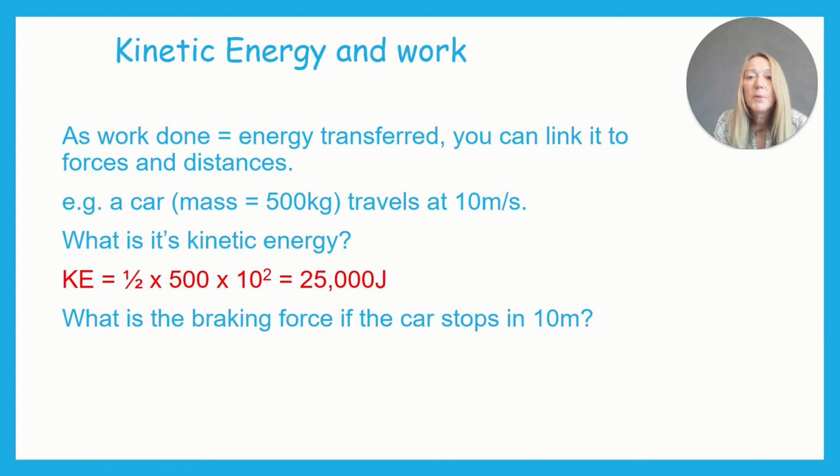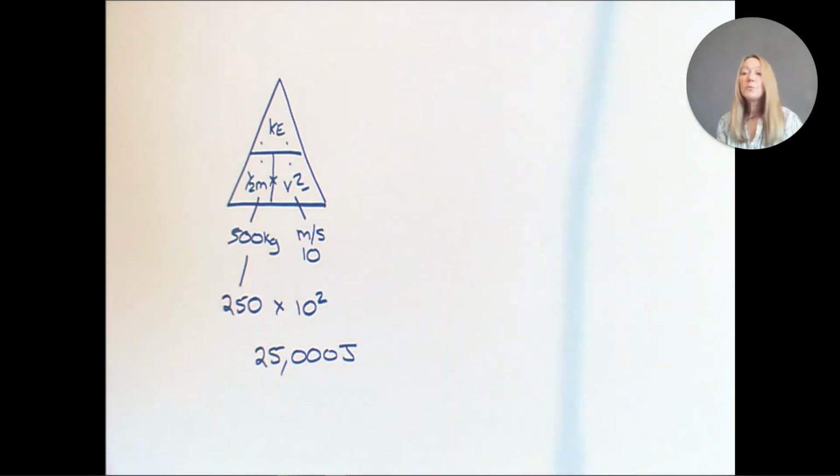So the next thing that they might do is ask you to link that to work done. And the sort of question they might ask you is, what is the braking force if the car stops in 10 meters? So we're now going to use the work done equation, and I'll show you now how we transfer this information across in order to work out the force used by the brakes. So what we do now is we're now going to put down the work done equation.